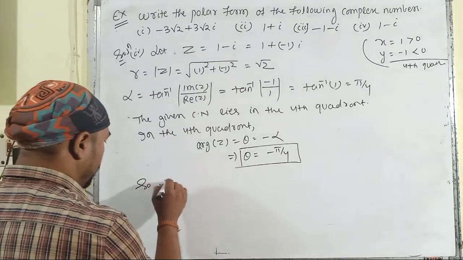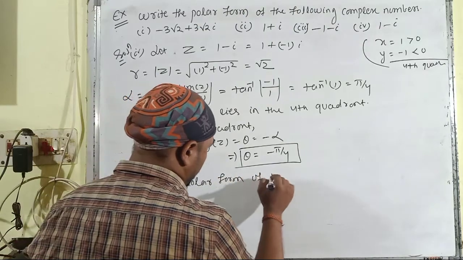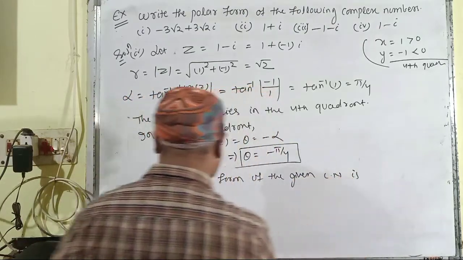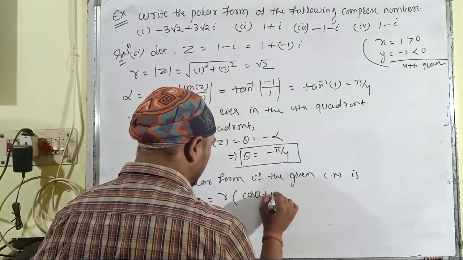So, the polar form of the given complex number is z is equal to r multiplied with cos theta plus i sin theta.